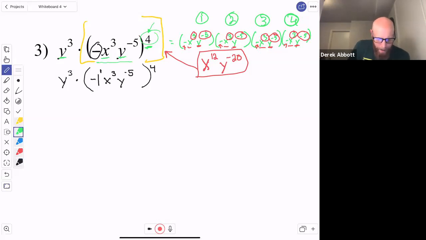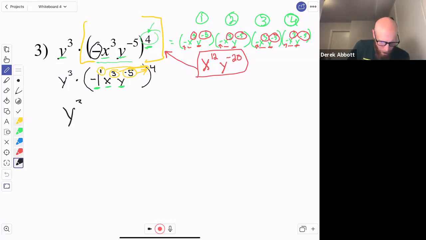So every base in here, the number base, the x base, and the y base, all have power to a power, right? When we do power to a power, we multiply the powers instead of adding them like we do when the bases are the same. Power to a power always does multiplication.